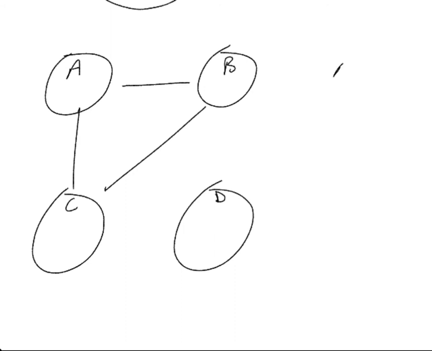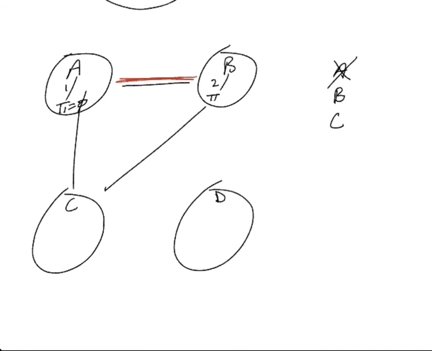So we place A on the stack, and then we'll pop A off and process it. So the discovery time is 1, pi is null. Okay, so back at A, we're processing A. We put B and then C on the stack.